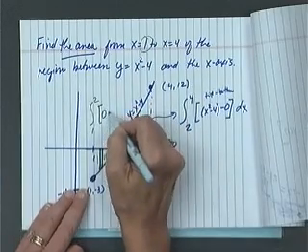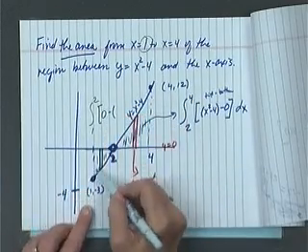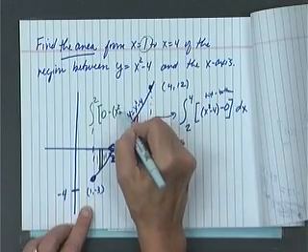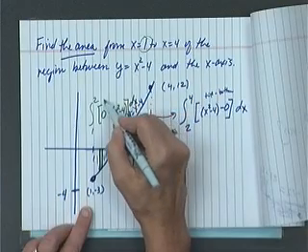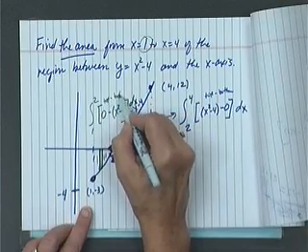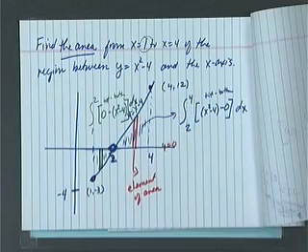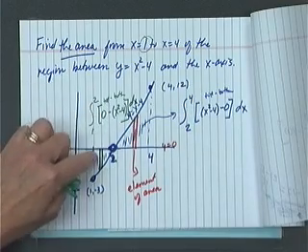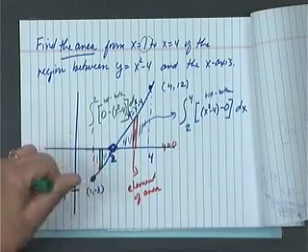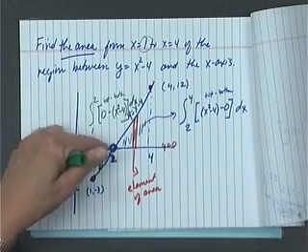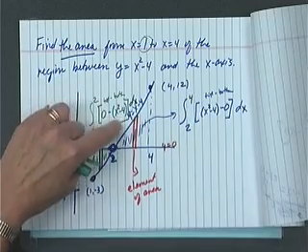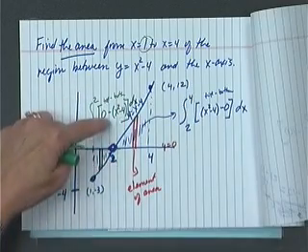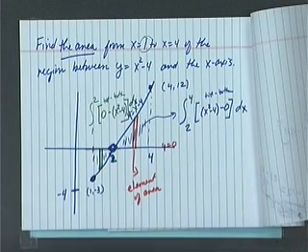Top curve is 0. Don't forget your parentheses in here. Bottom curve is x squared minus 4. And width is dx. So that's top minus bottom. When I integrate that, it gives me that area, and it'll be a positive value because that's 0 minus your y's. Your y's here would be negative, but minus y is going to make that positive. So that would actually give you the area there.